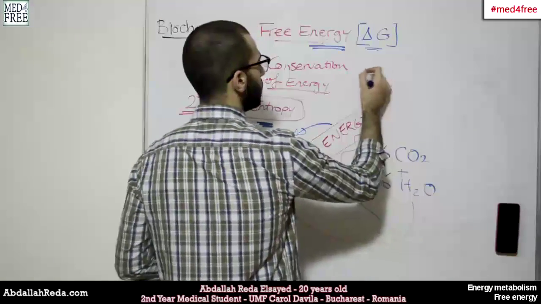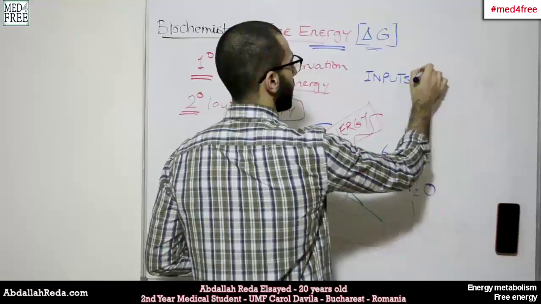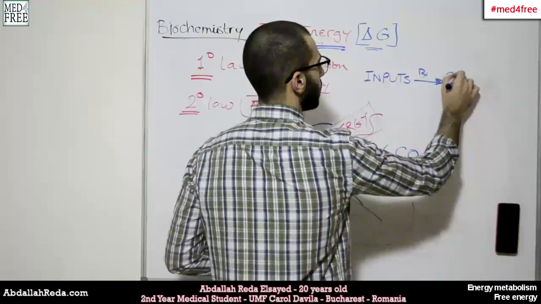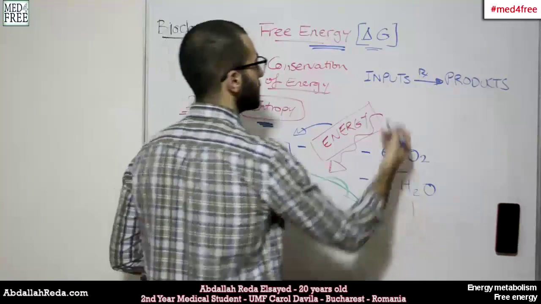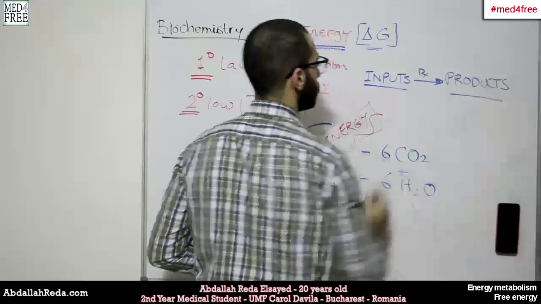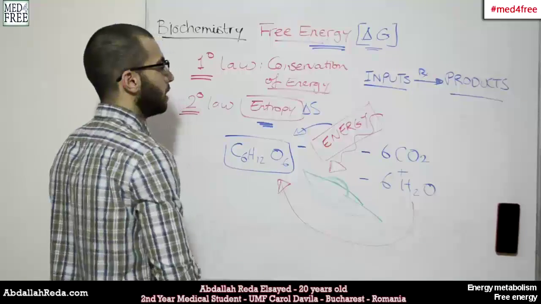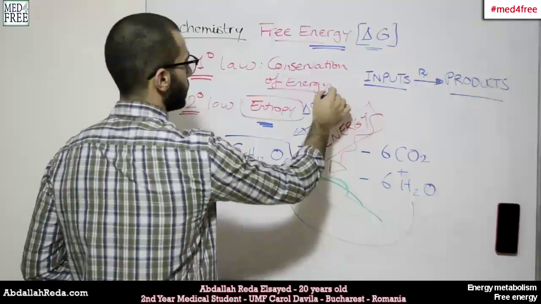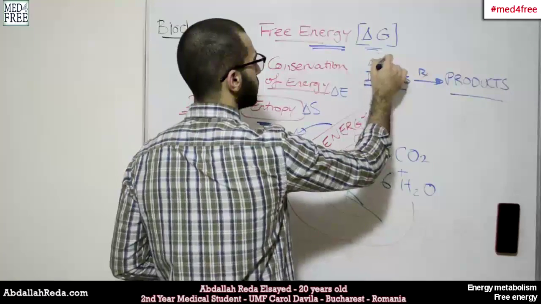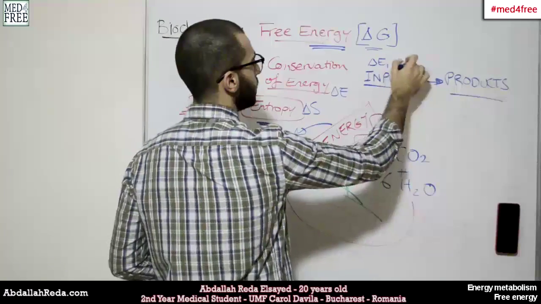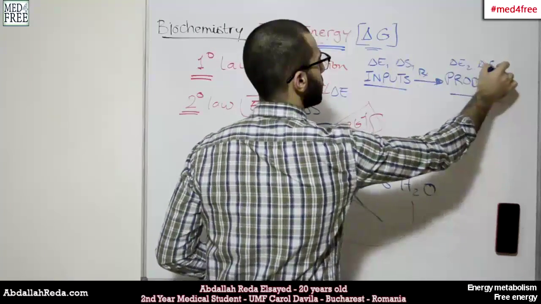We have the inputs, and then the reaction, and then we have products. Now, what happens is that we need to know the entropy, which is delta S, and the internal energy, which is delta E. And this for both, so let's say E1, S1, and E2, S2.